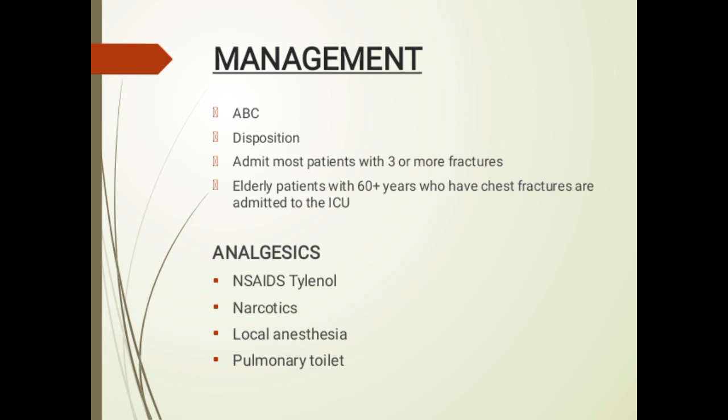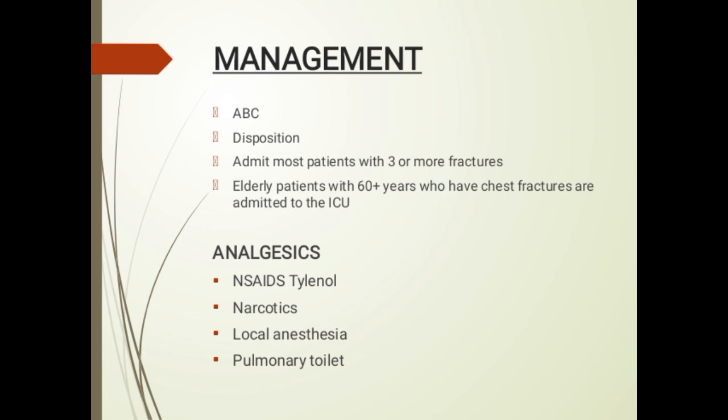So we come to management. First of all, you do airway, breathing and circulation, which is ABCD. Disposition: put the bone in order. If you find that the patient has two or three fractures, you admit. An elderly patient over 60 years with chest fracture is admitted to ICU.